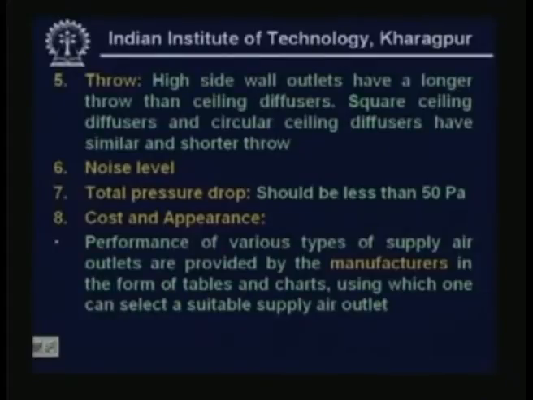So the manufacturers, after thorough testing, publish their catalogs, where they specify the characteristics of supply air outlets in terms of the flow rates, throw, pressure drop, and noise criteria, etc. So depending upon the requirement and using these catalogs, one can select the required type of outlet, and depending upon the flow rate requirement, one can decide the number of outlets. Okay.